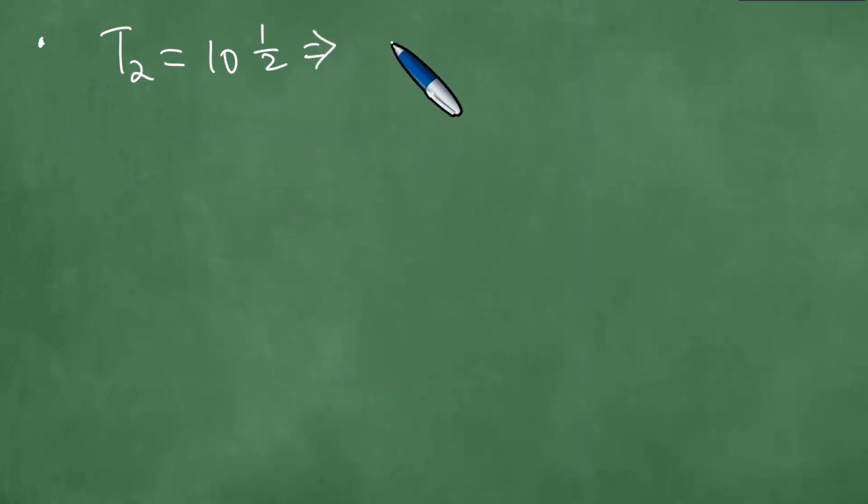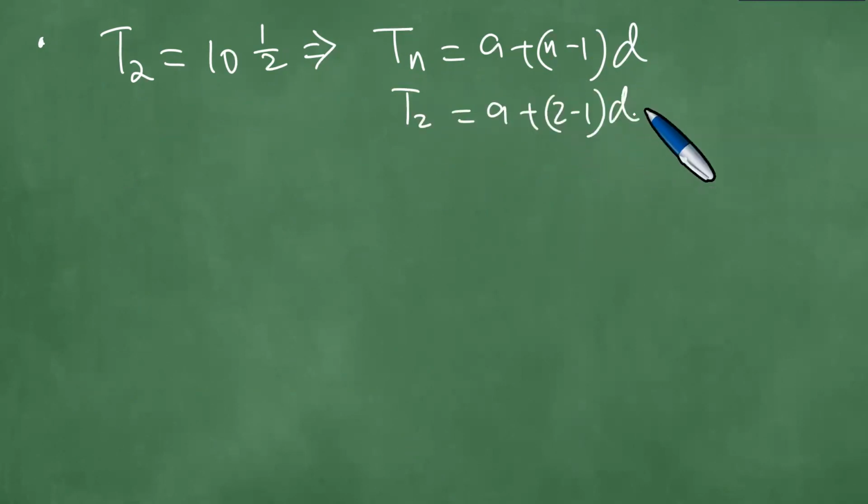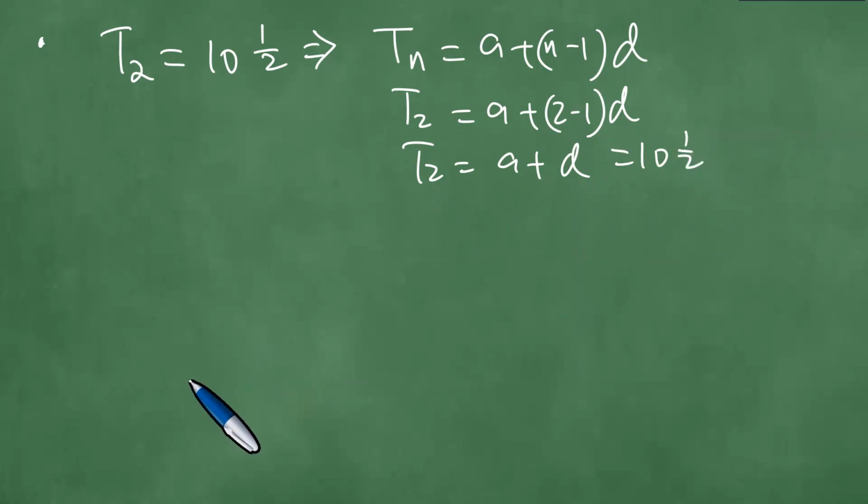Focusing on the first part of the question, we know that the second term is 10 and 1/2. But what is the formula for the second term? The formula for Tn is a plus n minus 1 into d. What is T2? It is a plus 2 minus 1 into d, which is a plus d, which is 10 and 1/2.